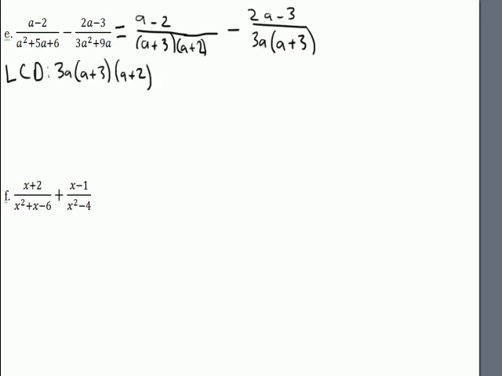Alright, and from that, I'm going to get a little more space going here. I need to multiply the first expression by 3a over 3a, and the second expression I need to multiply by a plus 2 over a plus 2.